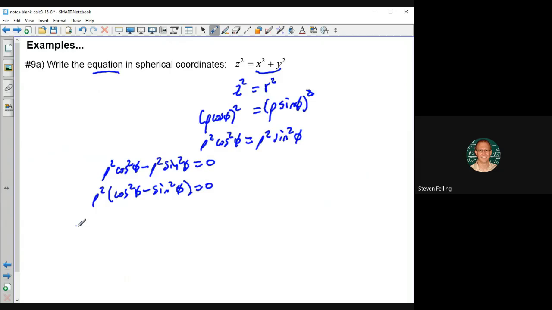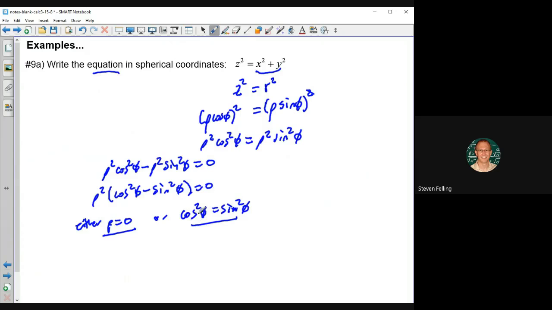Either rho is equal to 0, or cosine squared phi has to equal sine squared phi. Those are the two possibilities. So this equation would be true if rho was 0. If you were at the origin, it would be true that the z coordinate would be equal to x squared plus y squared because everything is 0. That's kind of the trivial solution.